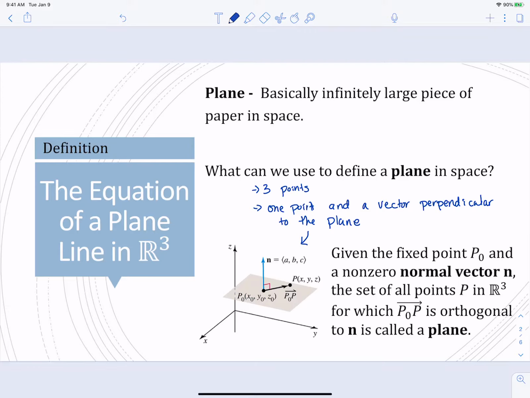So the idea is if we only have 1 point on our plane, this one particular point that we're given, and we want to go off into different directions and look for other points, we don't know exactly where to go.